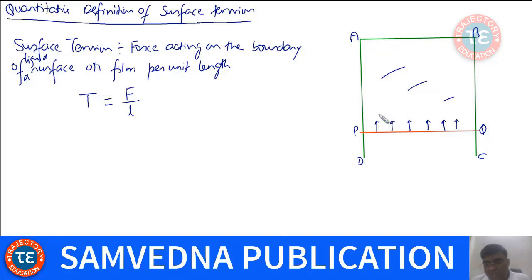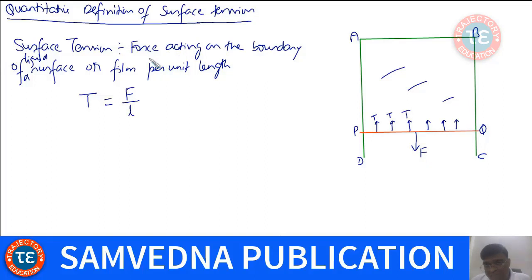If I don't consider gravity and assume the mass of this wire and of this PQ slider is negligibly small, then under the effect of the force developed by the surface tension on the slider, this slider is going to move in the upward direction and come together with AB. So in order to prevent the sliding in the upward direction, suppose I apply a force F.